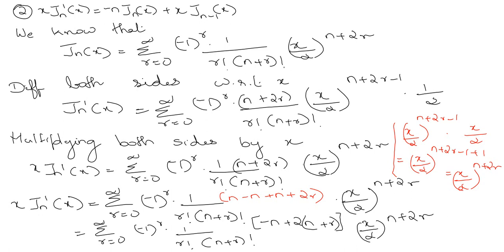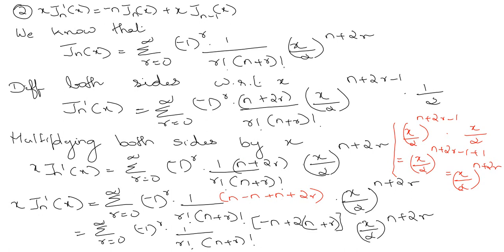Now what we are doing here is we are going to add n and subtract n to the term n plus 2r. This is adding n and this is subtracting n.